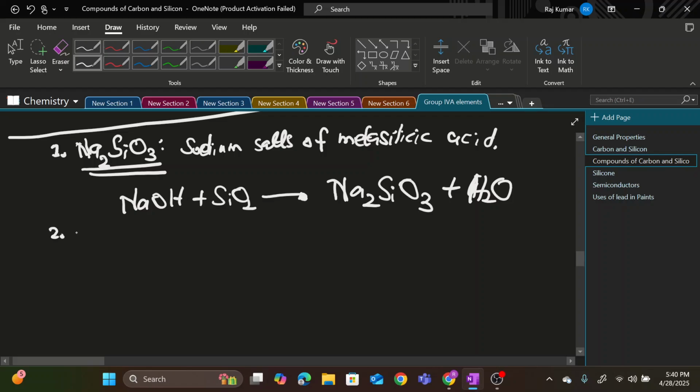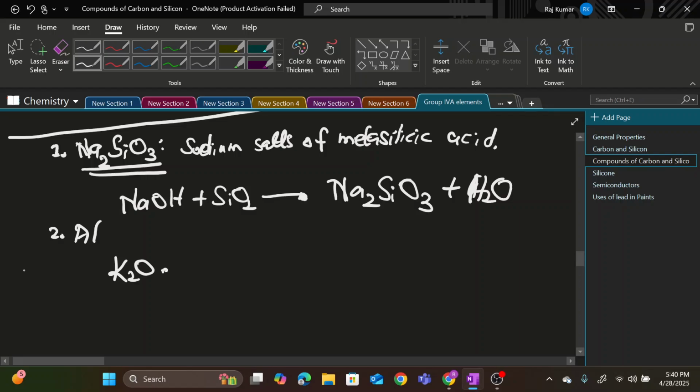Second is aluminum silicate. Now, aluminum silicate is a very big formula. Basically, it's something like this.